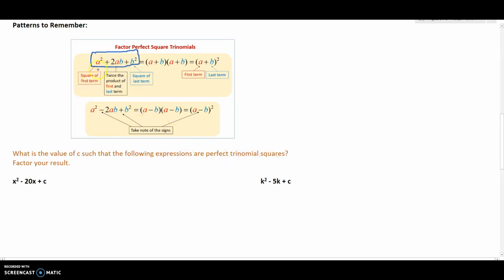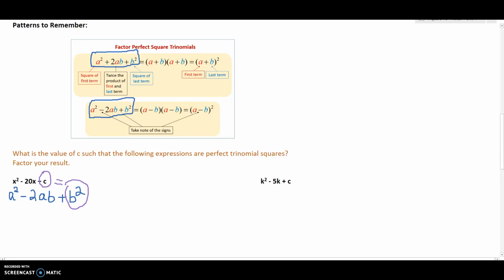So we need to look at our pattern, and we have a positive pattern and a negative pattern, and in this case we should have negative. So it needs to follow the form a squared minus 2 times a times b plus b squared. So in order to find what c equals, we need to know what b equals.